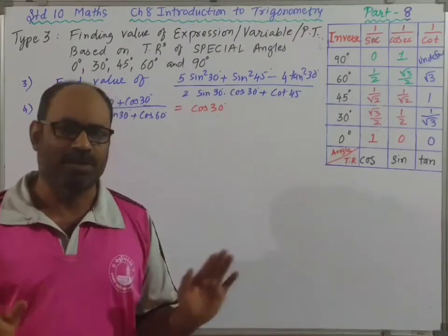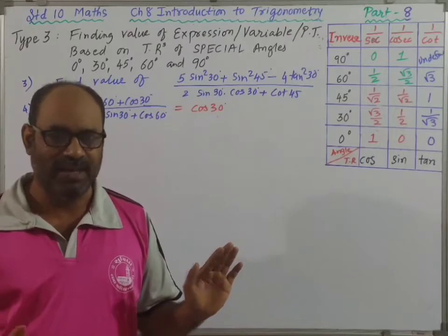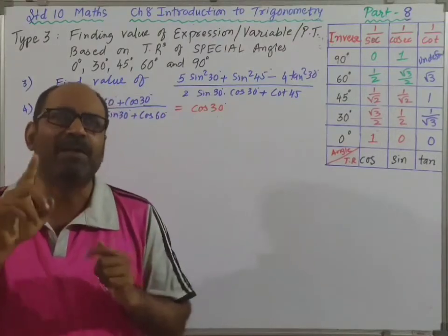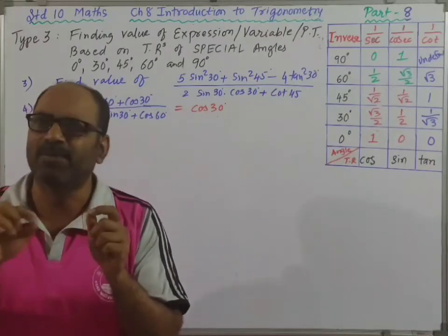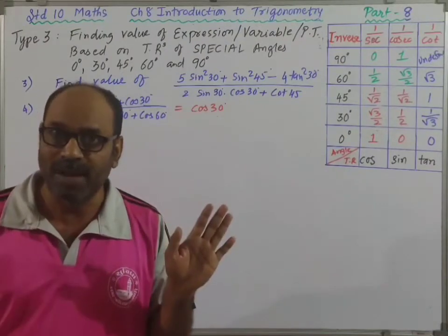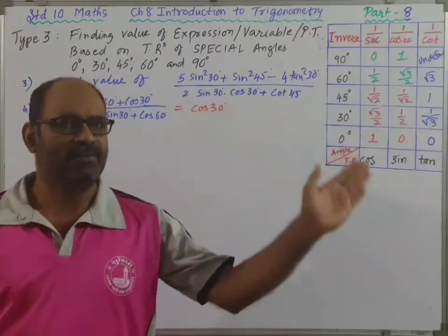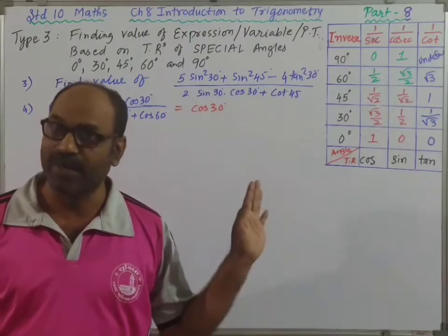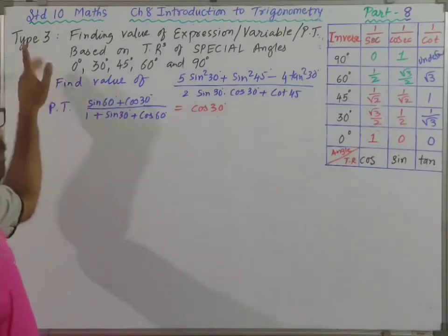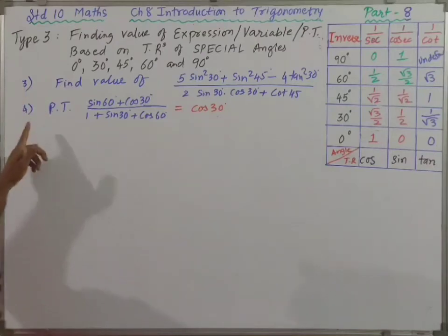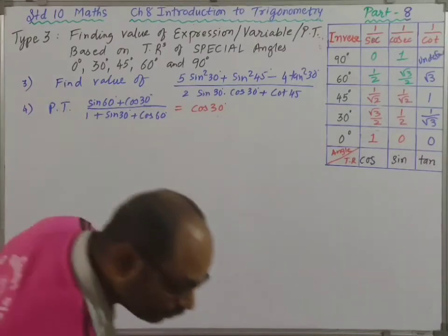You will automatically remember them. There is no need to think what is type 1.1, what is type 1.2, no need to remember in that way. Automatically you will remember what to do in different situations. So don't worry about that. Type 3 has no subtypes, so that is good news.